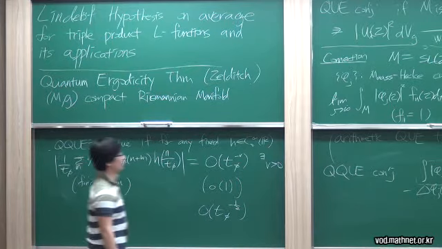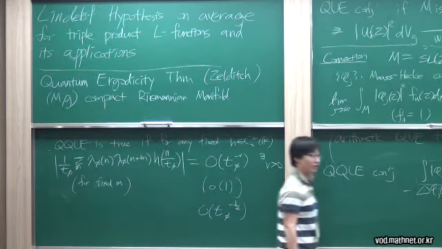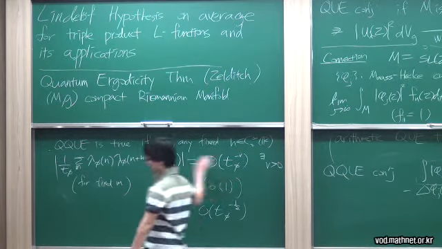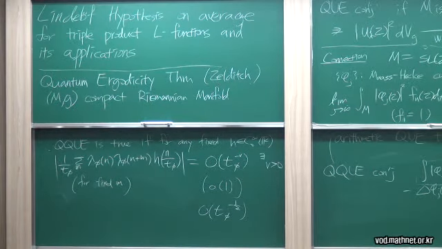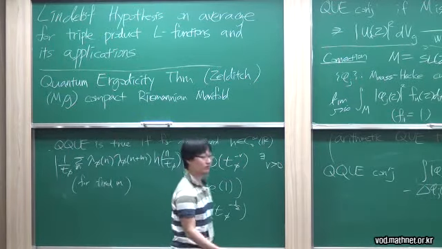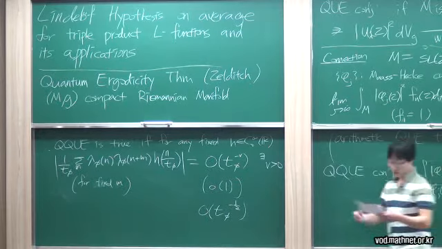It is interesting that this square root cancellation is equivalent to the Lindelof hypothesis for the triple product L function. Having just any rate gives you a subconvexity bound, and having the optimal rate for the cancellation gives you the Lindelof hypothesis for the triple product L function.